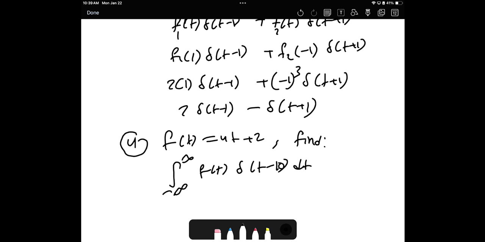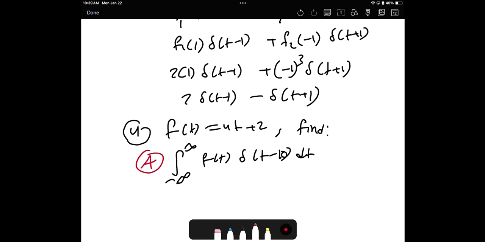So here I'm going to write this as part A. So what should I do? Since it's between negative infinity to infinity, t here equals 10, because t minus 10 equals 0, therefore t equals 10. So it will be f of 10, which will be 4 times 10 plus 2, 40 plus 2, 42.